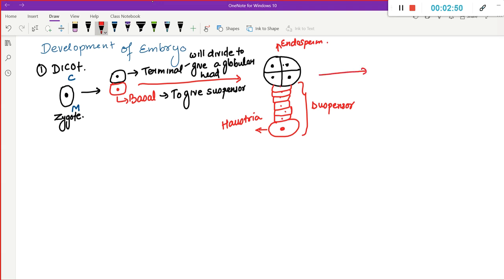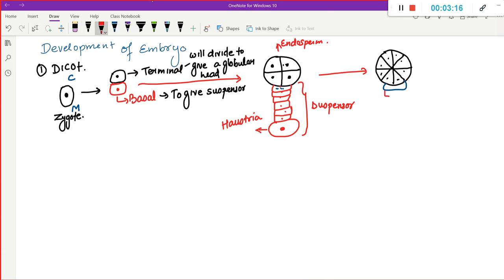Later the same 4 cell globular head will again divide to give us a 8 cell globular head. So this will give us 8 cell globular head. And if we are looking at the particular first cell, which was this one, we will change the color of this cell just because this cell will perform a specific function.